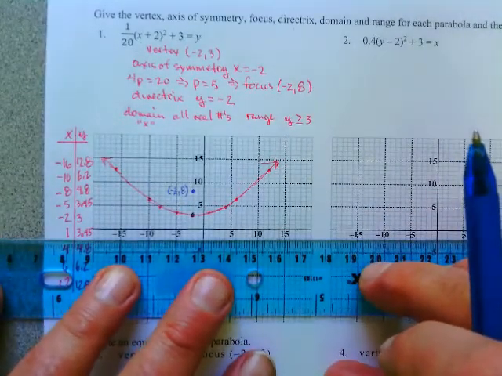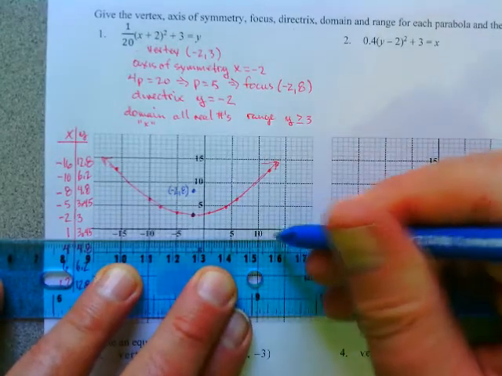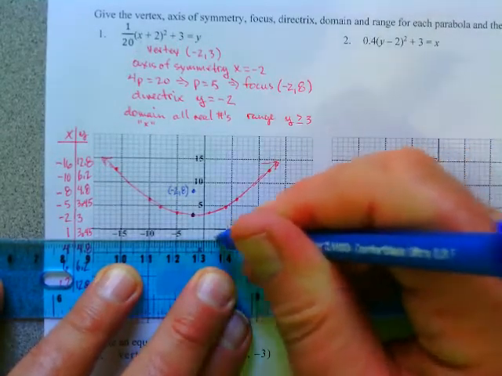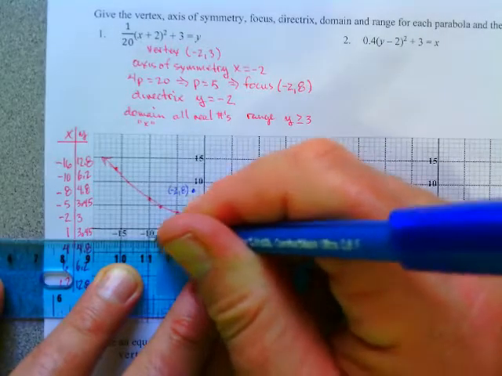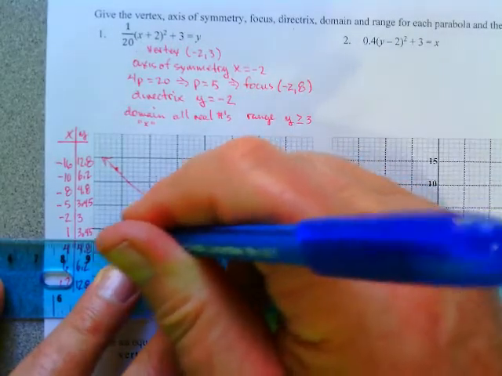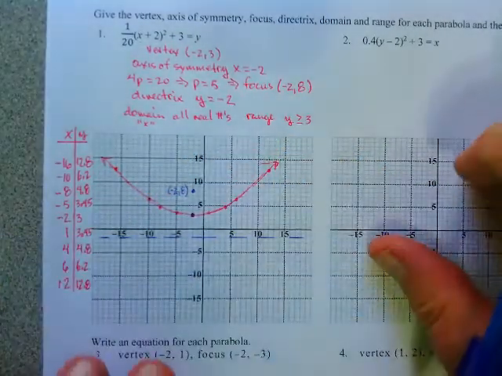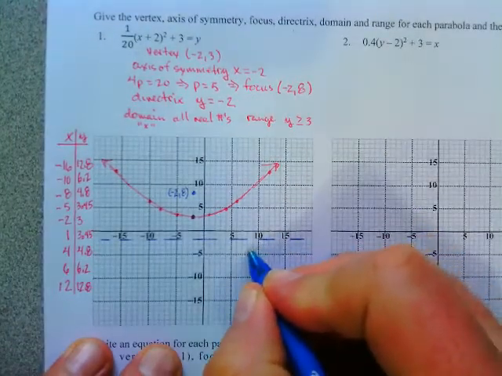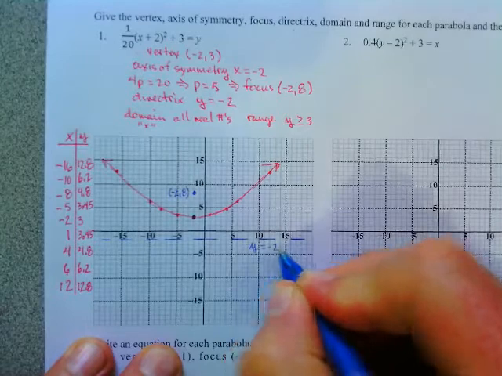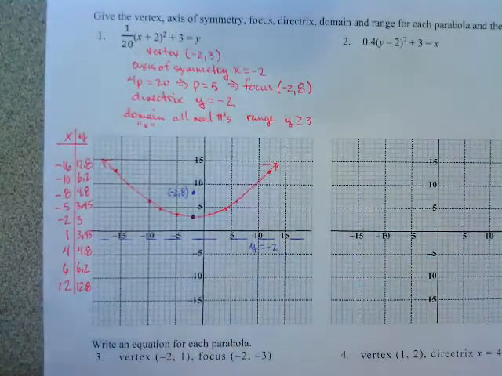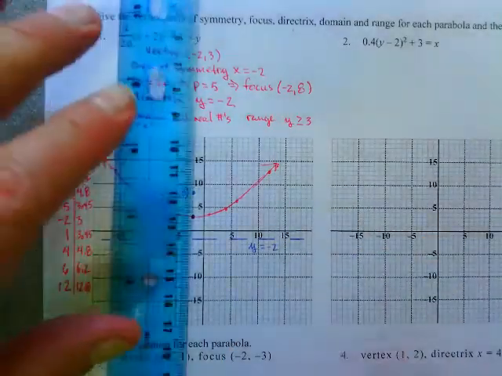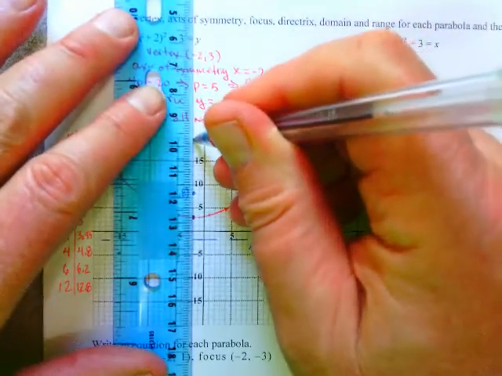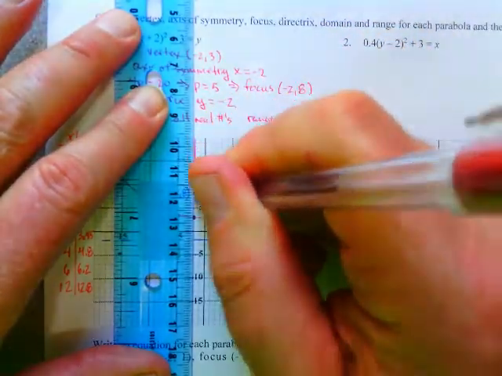So we can draw that. And I'm just doing a dashed line because it's not actually part of the graph, but this is where the directrix is. Y equals negative 2. And then, of course, we have our axis of symmetry, which has to go right through the middle.